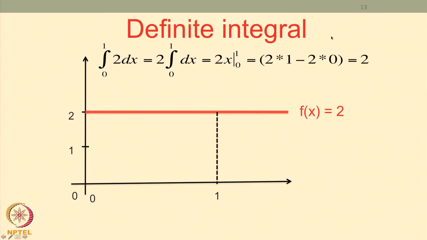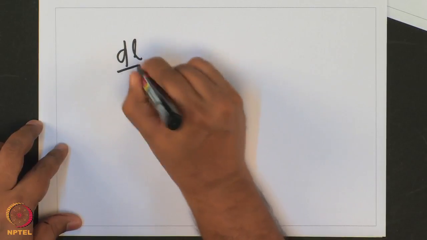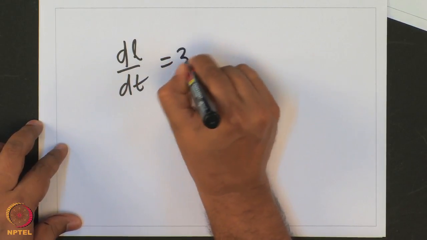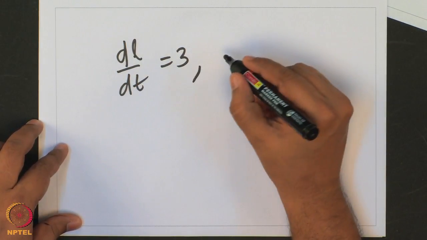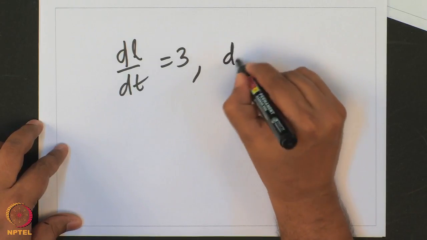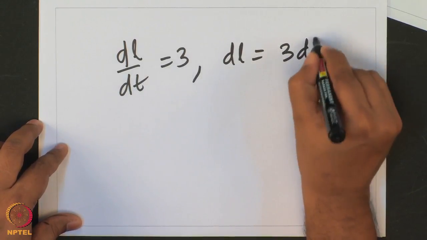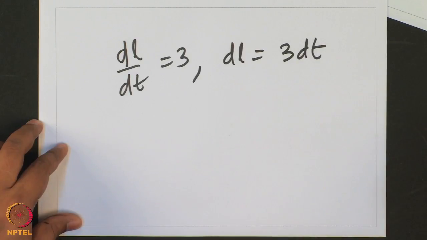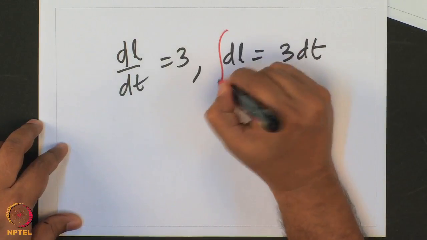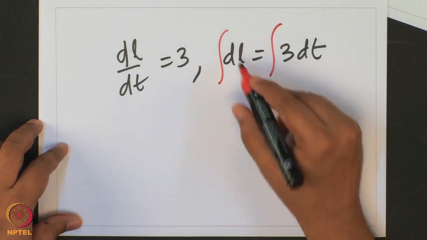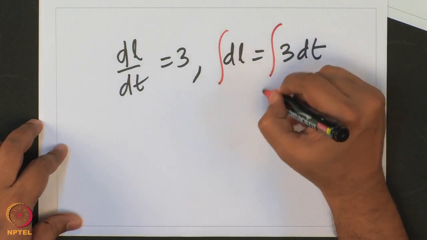So in other words, let us go back to the example of dL by dt once more. What we had was dL by dt, which is 3. In the earlier example we wrote dL is equal to 3 dt, and we integrated. When we integrated, we didn't put any limit.